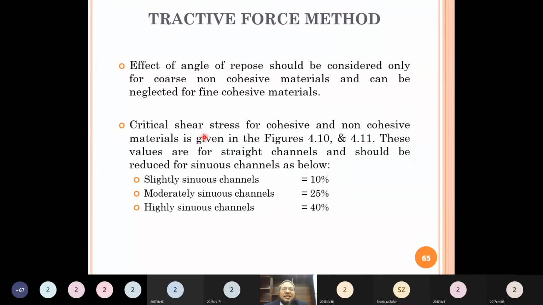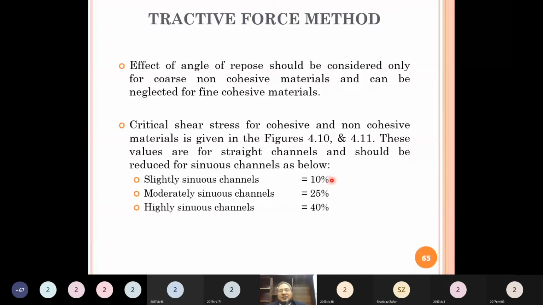Okay, so critical shear stress for cohesive and non-cohesive materials is given in figures 4.10 and 4.11. The values of critical tractive force we have to take from these two figures. These values are for straight channels and should be reduced for sinuous channels as given below.